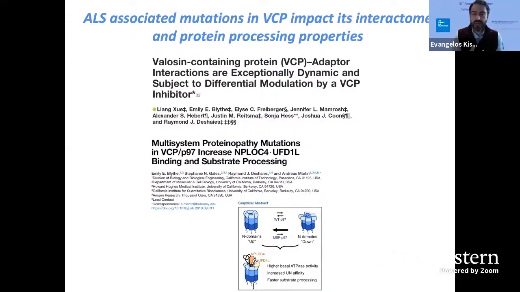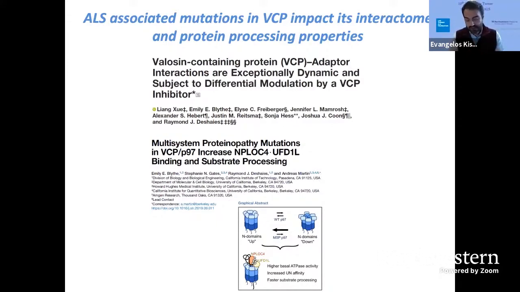It depends on the cell type and the stress of the cell. And second of all, mutations that are associated with multi-system proteinopathy, including ALS, do not lead to loss of function of VCP, but rather alter its function by altering its ability to interact with specific substrates. And in fact, loads of the variants are in protein-protein interaction domains.